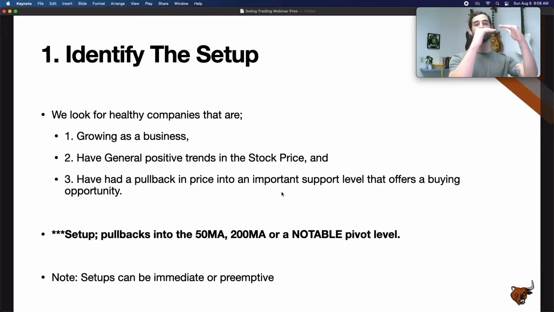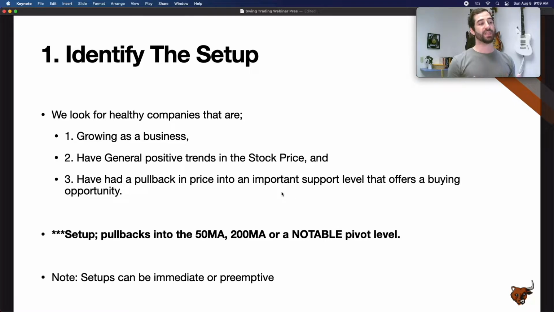Something where you have 2, 3, 4 people looking at the chart, everybody can identify that one price level. We're going to get through some examples and you're going to see what I'm talking about.